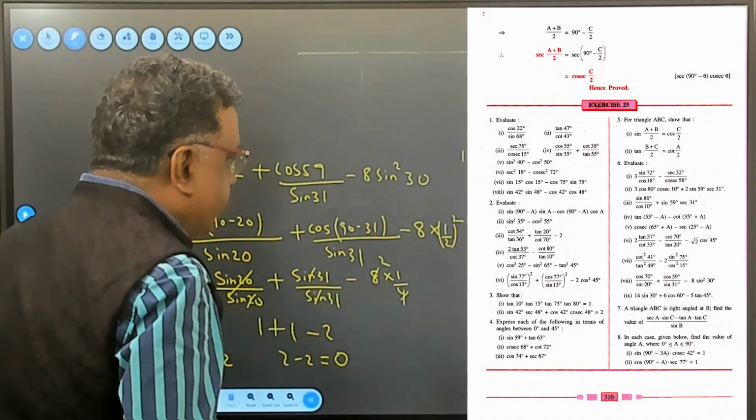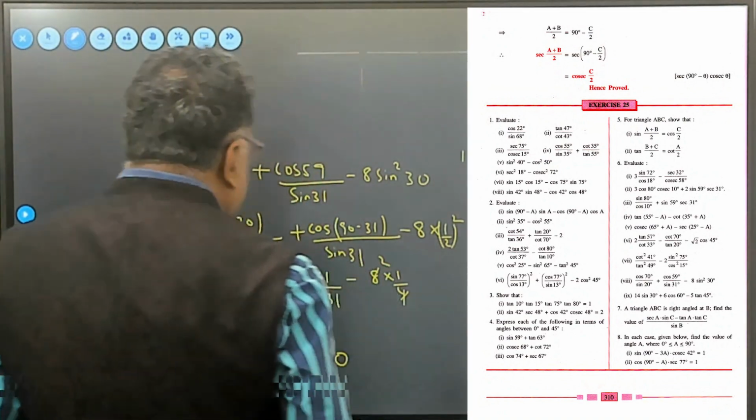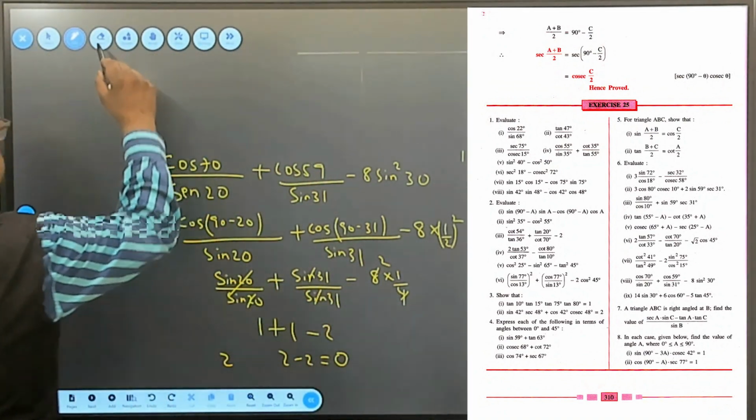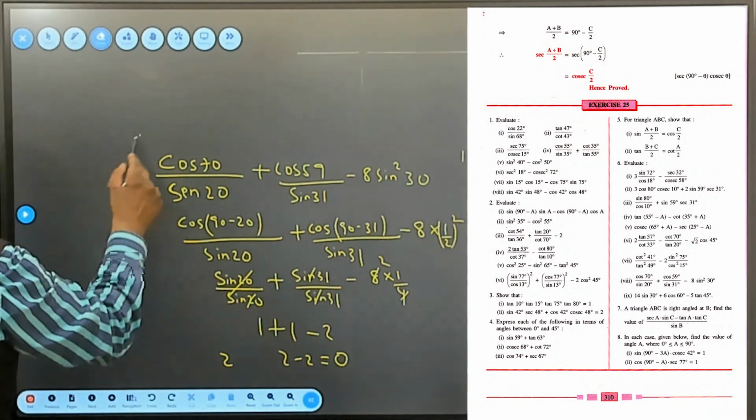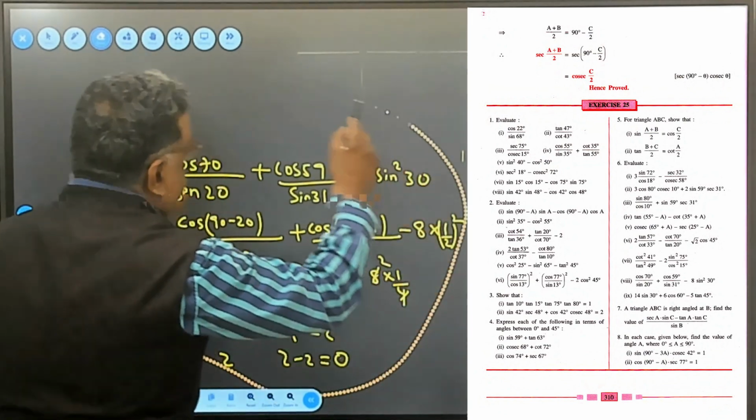Let's try to solve the 7th sum. Okay. What does the 7th sum say?